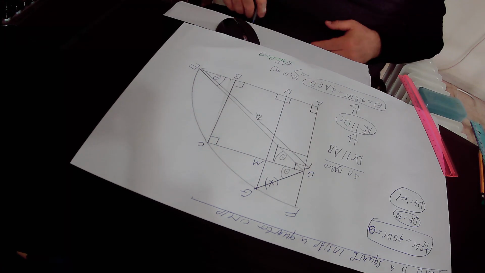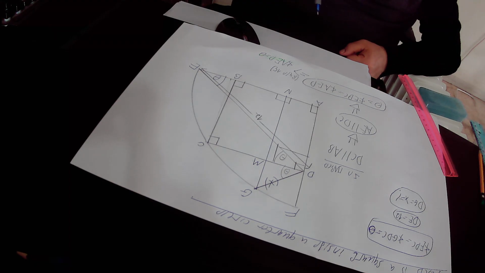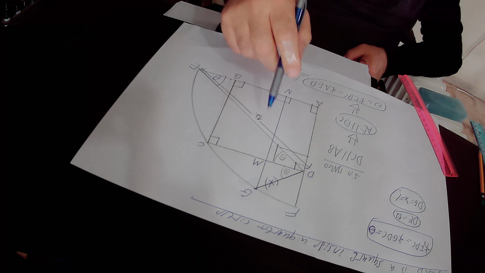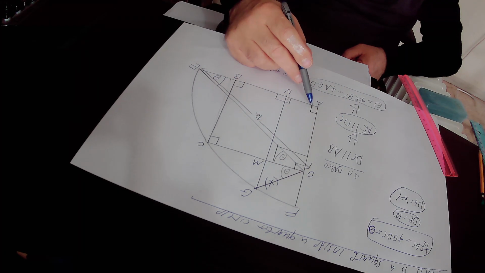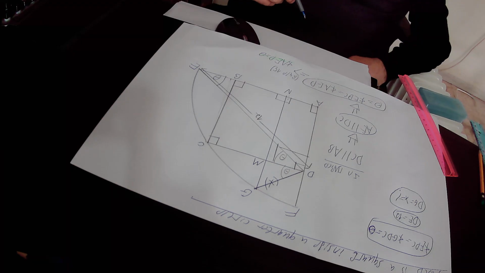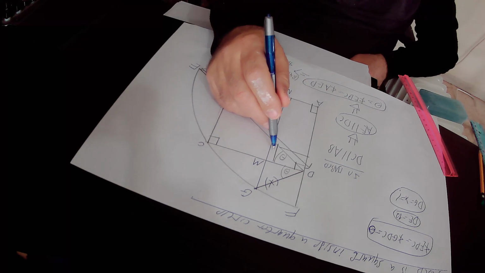By doing this construction, we created quadrilateral DMAN, and inside this quadrilateral DMAN, we have 1, 2, 3 right angles. The sum of 3 right angles is 270 degrees, so 270 degrees plus the size of this fourth angle.